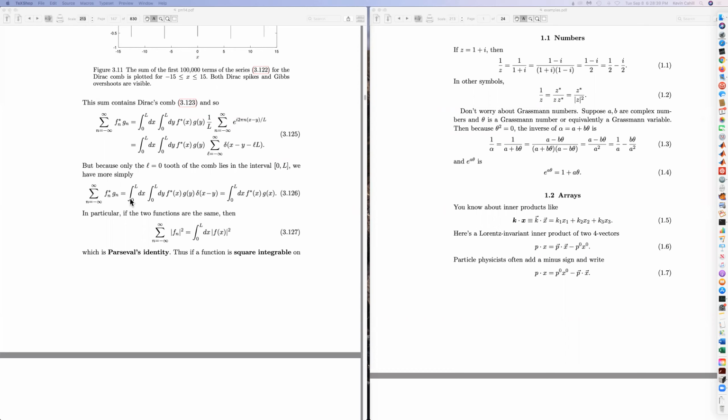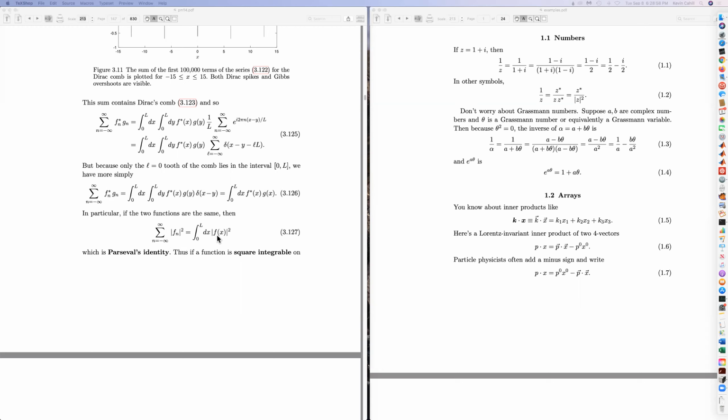So what we get here then is Parseval's identity, which is the sum of the, so to speak, dot product of the Fourier coefficients is the dot product of the functions where you sum over all x's or integrate over all x's. Here you sum over all n's.